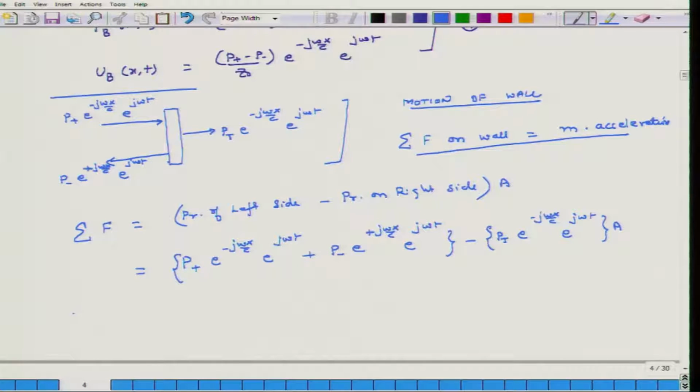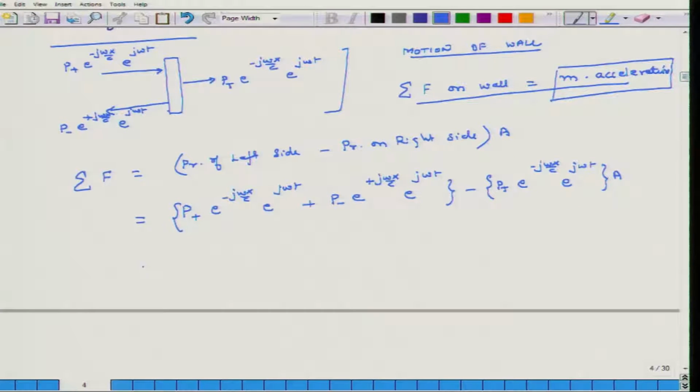And what is the right side? The right side of this equation is mass times acceleration. So this has to equal the mass of the wall, and the mass of the wall is m times A, because m represents mass per unit area.